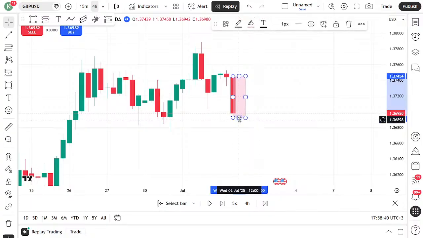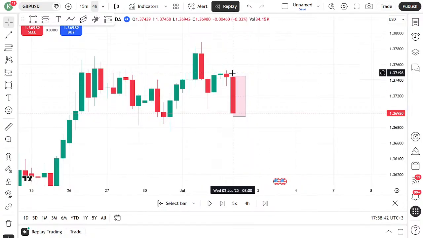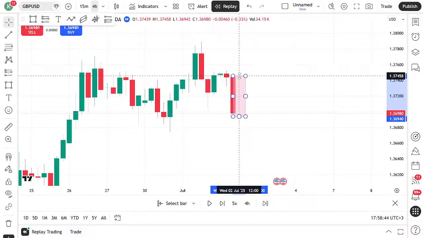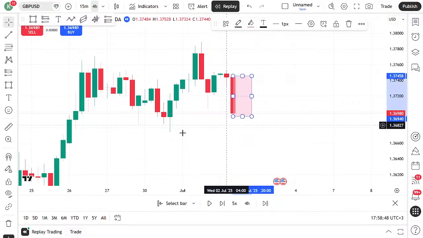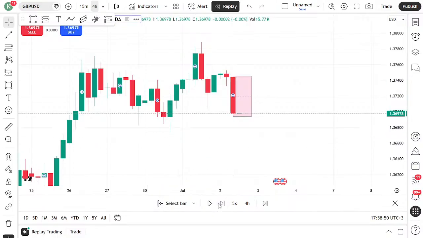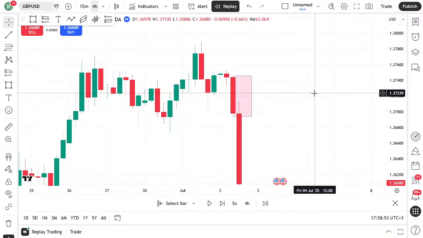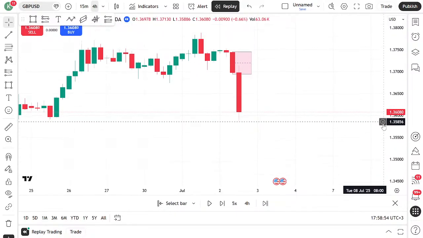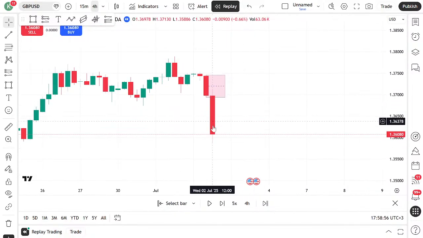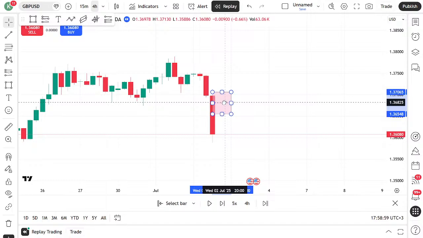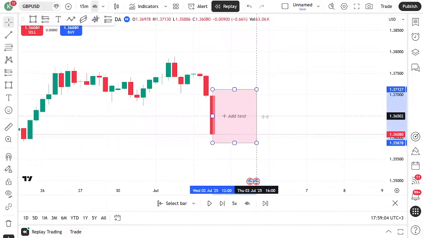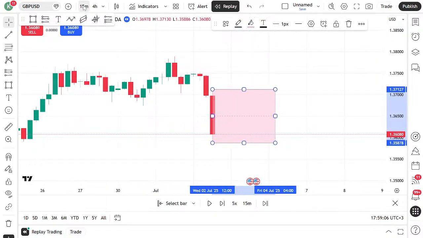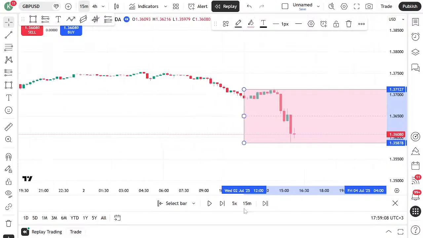So as we mentioned, mark the high and the low of the 4H candle, and then look to see how the next candles open or close. So we had a very strong close to the downside. Next, we're going to mark this candle here like this, then drop down to the 15 minutes level.